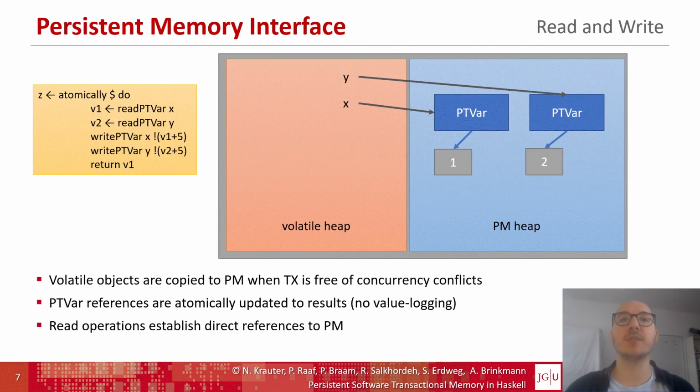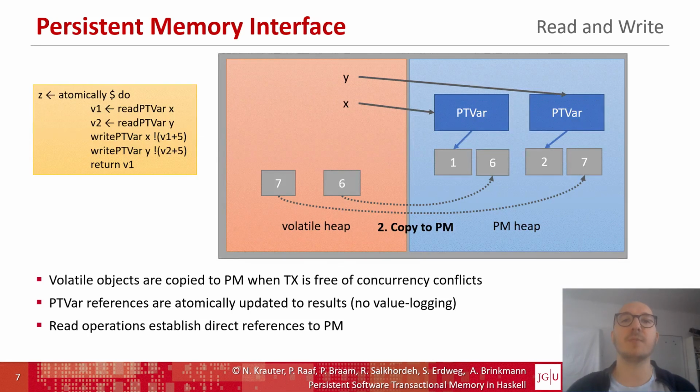In this example, you can see how PTVars can be jointly modified. Currently, there is X and Y in persistent memory, which we modify through the transaction, which you can see on the left. We first read them and then we add 5 to each one of them. Only when STM ensures that the variables can be committed without any concurrency issues do we copy the data over to persistent memory.